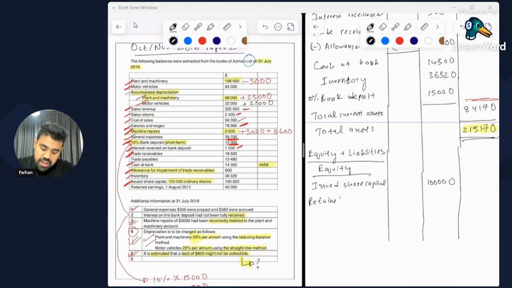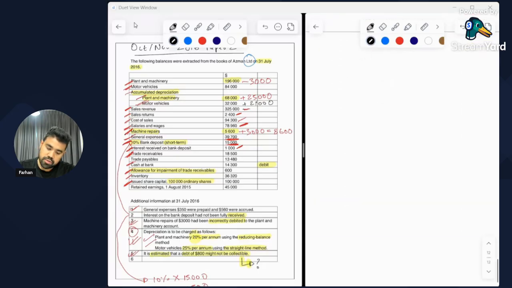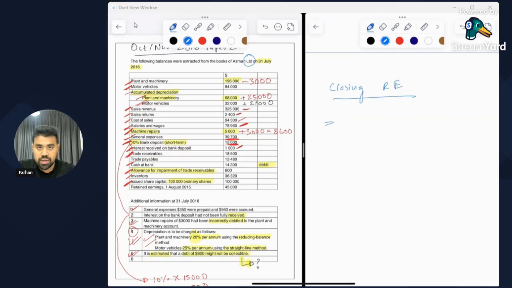So the closing retained earnings at the end of the year is basically the retained earnings at 31 July 2016. And how do we find this amount? Okay. All right. So I'm just going to scroll back down and show you. So the closing retained earnings at 31 July 2016 is the opening retained earnings, which is 45,000.